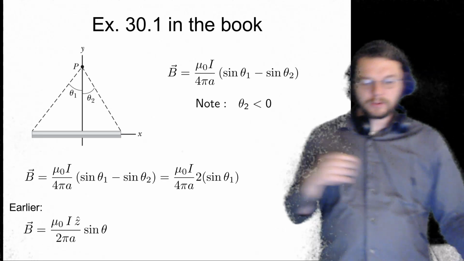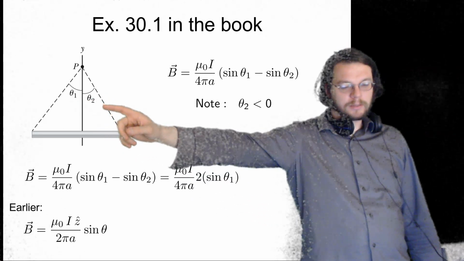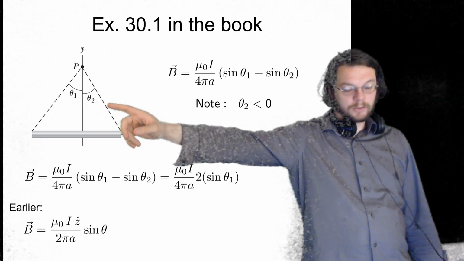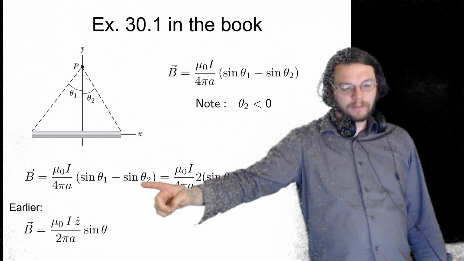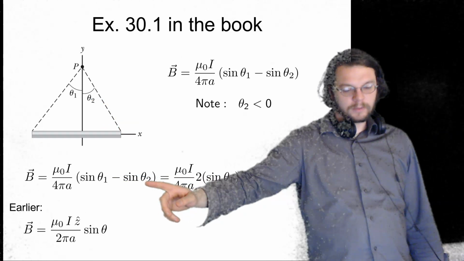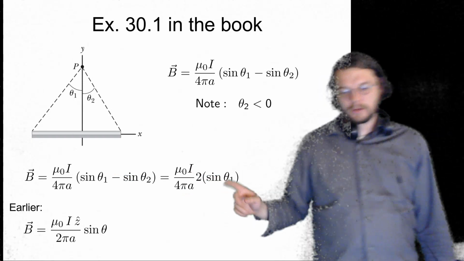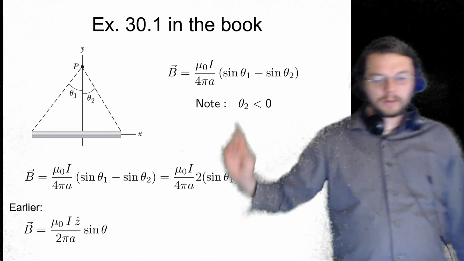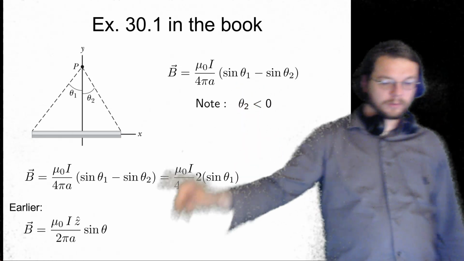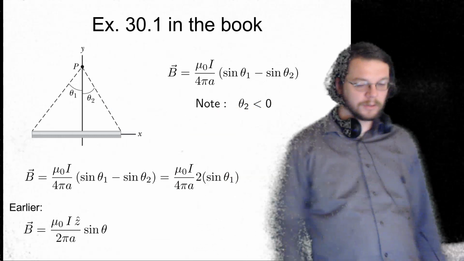So if theta 1 is equal to minus theta 2, and you stick that into here, then the sine of minus theta is negative sine, and negative negative gives you a positive. You end up with this thing. 2 over 4 gives you this thing. So their result agrees with our result as long as you assume that one of these two angles is negative.